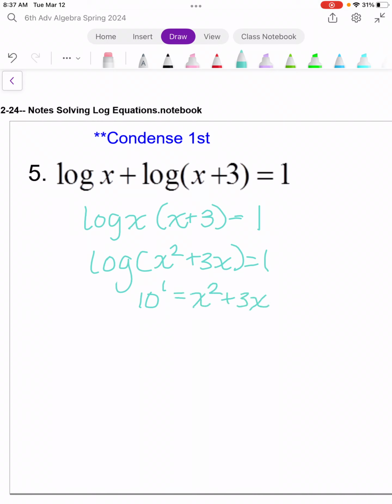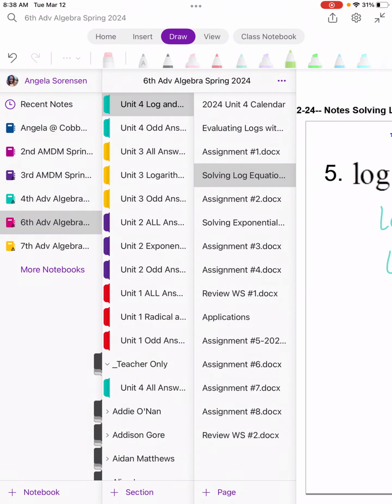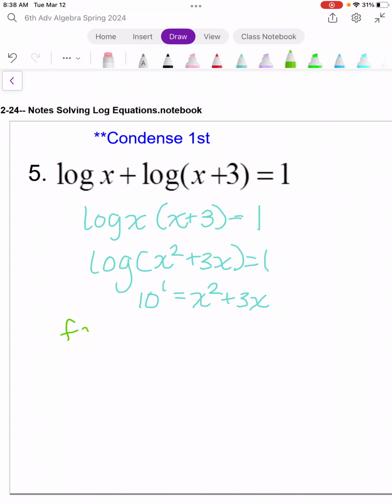Now this is a quadratic, so how do we know how to solve quadratics? You could factor, you could use quadratic equation, there's lots of different ways that you can solve this, but most likely you're going to factor.